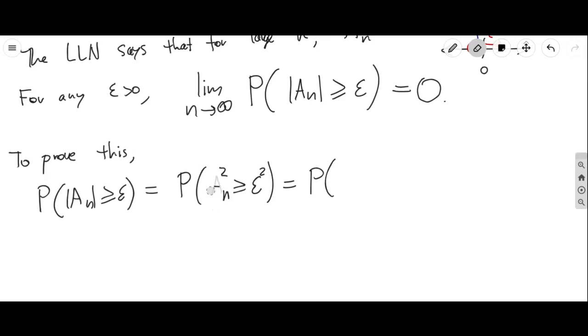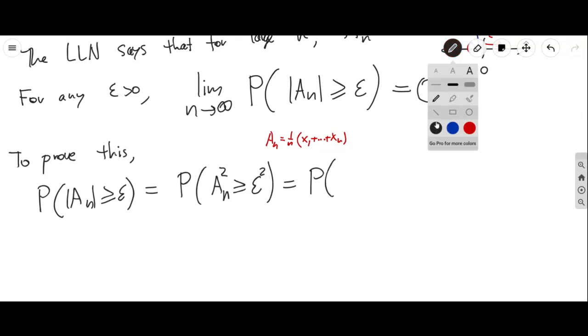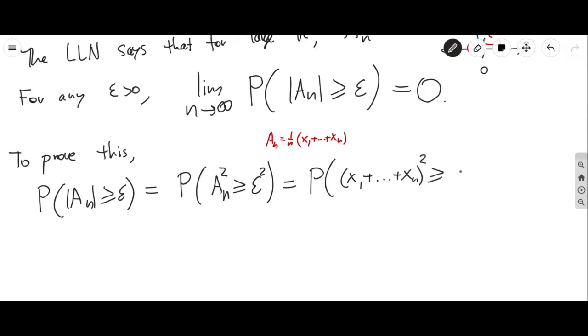You have to recall what an is. An is 1 over n, and it's the sum of these coin tosses. So we're going to replace an by the sum of the coin tosses, and then we'll take this fraction 1 over n, we will square it, and we'll move it to the other side of the inequality. And so we end up with the sum of squares being greater than or equal to n squared epsilon squared, like this.